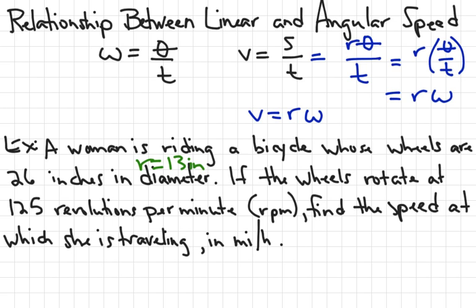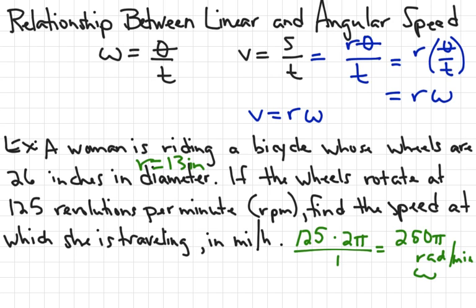I need to know the angle, so you multiply 125 times 2 pi radians, since when you go around in a circle you go 2 pi radians, and you're doing this once every minute. So you find out it's actually 250 pi radians per minute. So I know omega. So V must equal 13 times 250 pi.